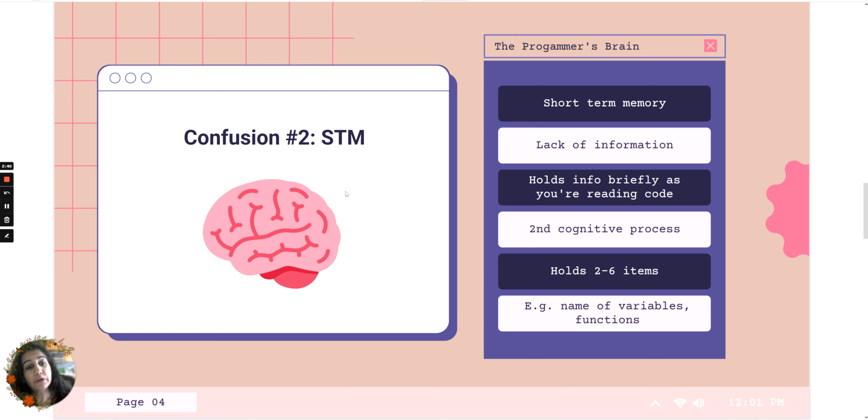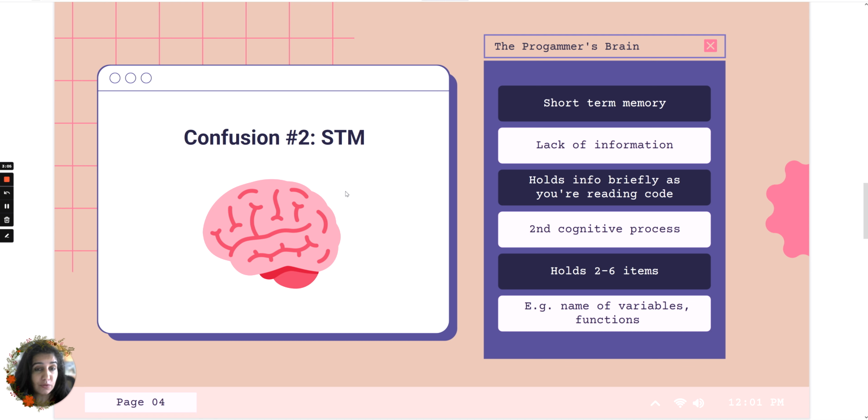Now, confusion number two is associated with short-term memory or STM. This confusion is caused by a lack of information. This is the second cognitive process which occurs when you're going through some code or you're learning coding. In the STM, you can hold about 2 to 6 items only.